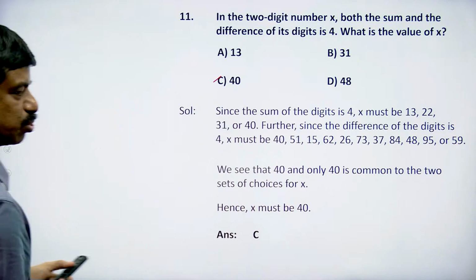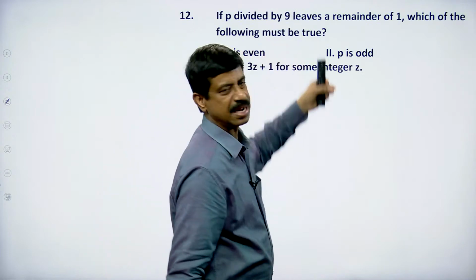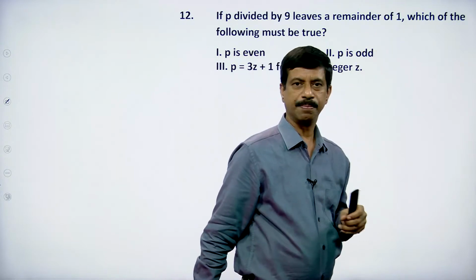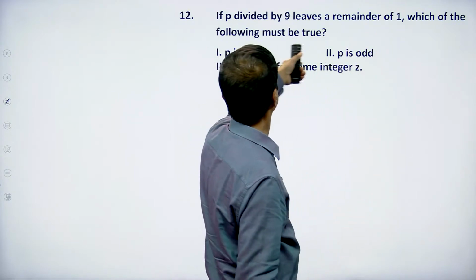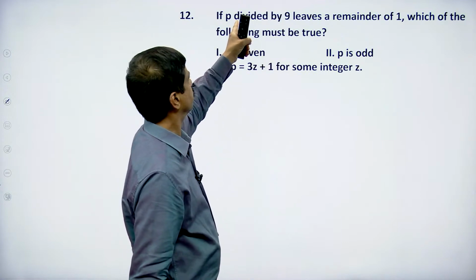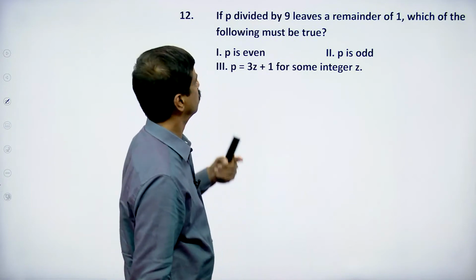Okay, children, let us move to the next question. Look at this. If p is divided by 9, it leaves a remainder 1. Which of the following must be true? See, when some number is divided by 9, it is leaving a remainder 1.